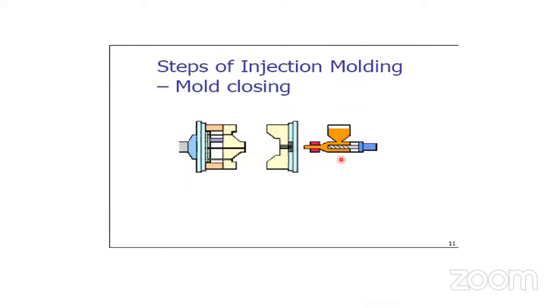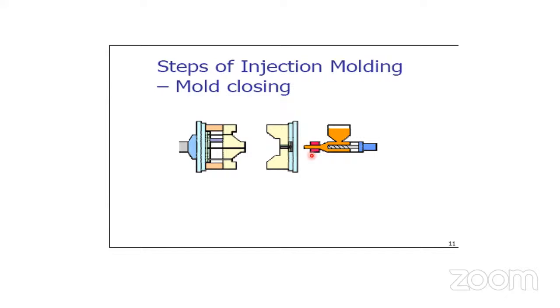Now we will see the steps of injection molding. The first step is mold closing. See now here, this is the injection unit. This is the fixed platen. The cavity is attached to the fixed platen.